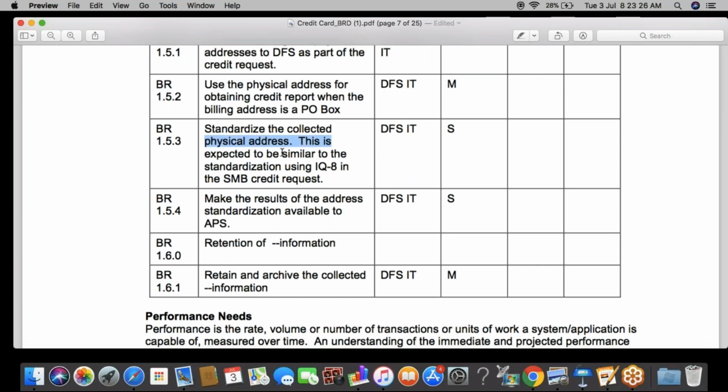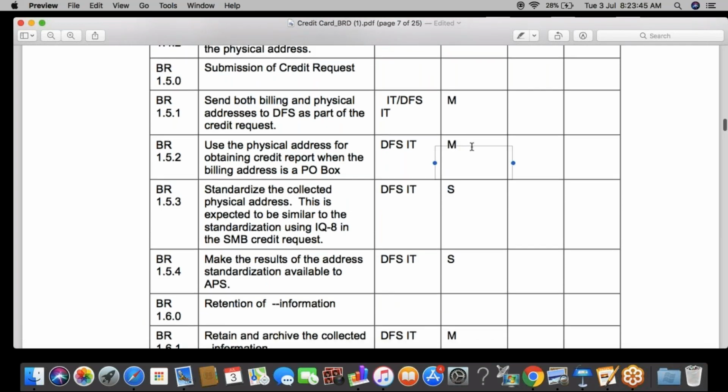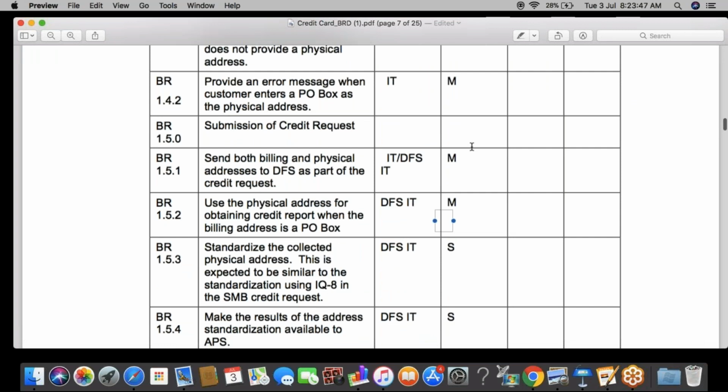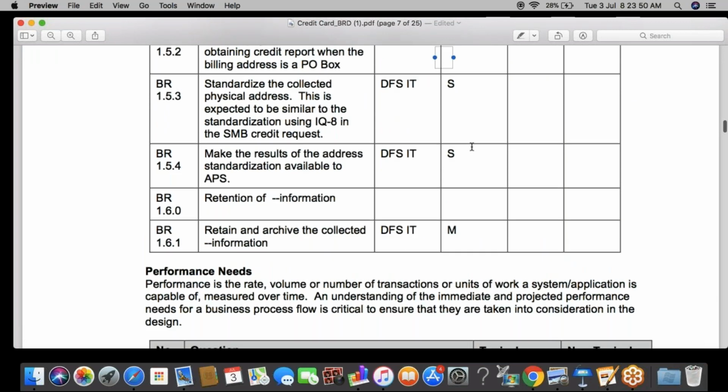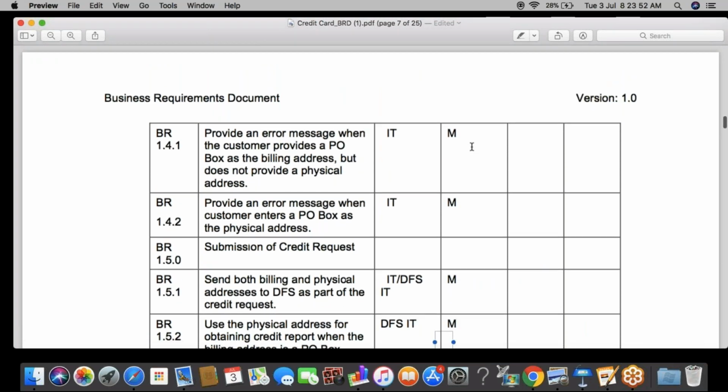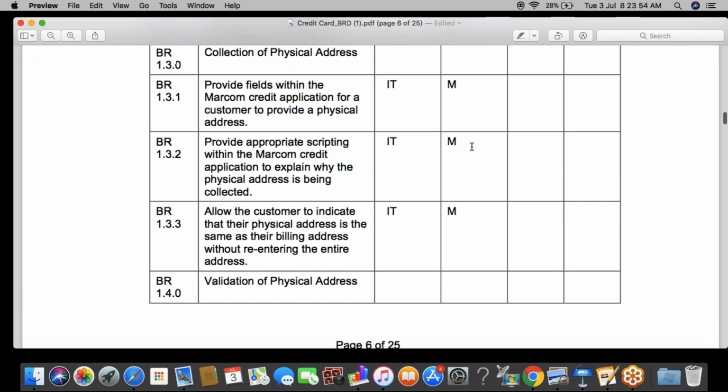They mentioned the physical address and the address which is on the credit card application must be same, or I can say permanent address and temporary address, and both fields must be filled, something like that. So this comes under should. Just here is an example, just try to understand the logic here. Must and should, like this we put in a requirement template.